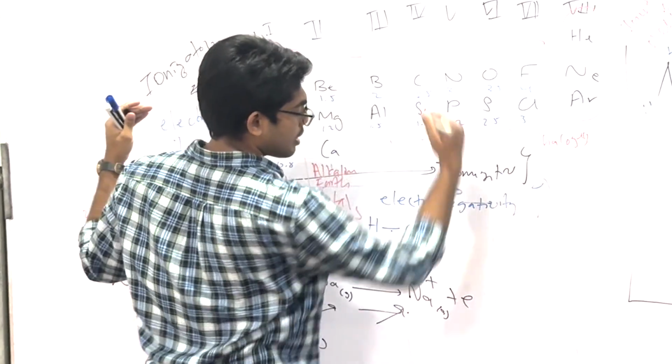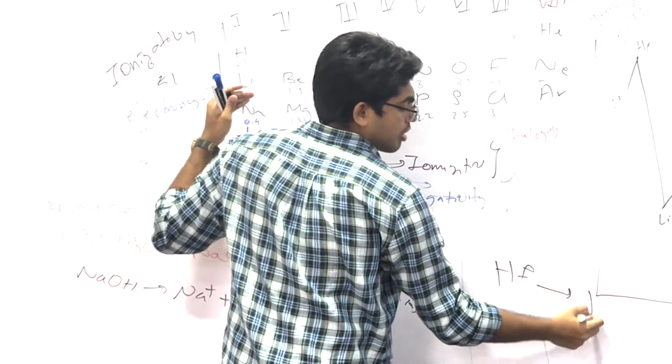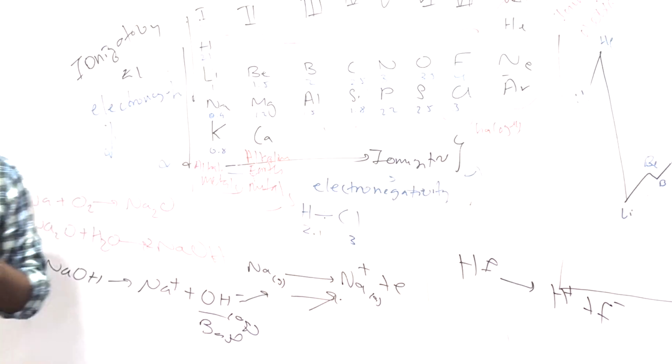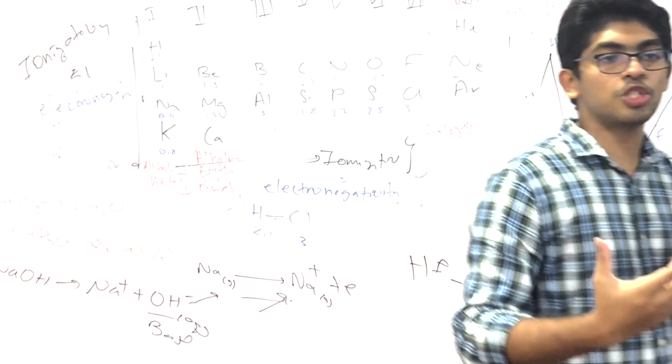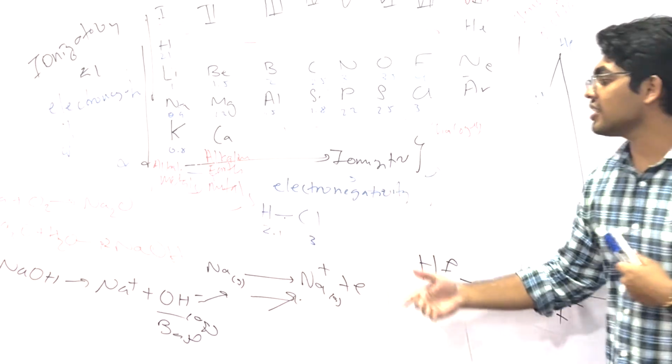So when going towards the right, let's consider HF. It has the ability to release H plus ions into the aqueous solution. When it ionizes the solution with H plus ions, we call it an acid.